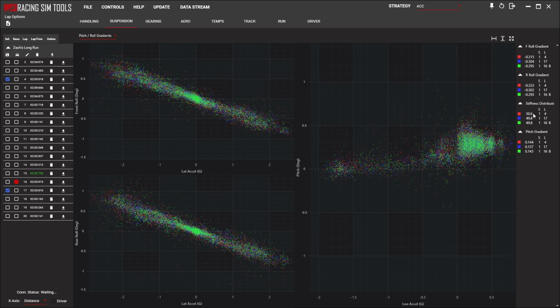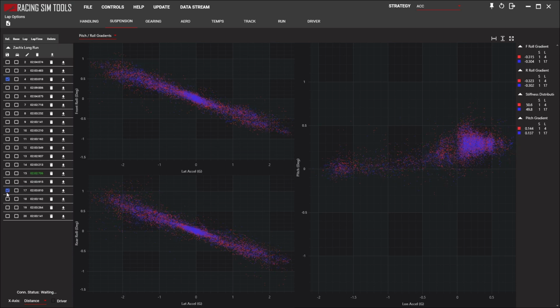It mostly has to do with tire spring rates and tire dampening. But just know, if you're going to look at the lateral stiffness distribution, try to go for somewhere after the first few laps where your tire pressures and temperatures are coming up. Usually you'll have a pretty good representation after lap like 5 or 6. But just be aware of that if you look at the first few laps.